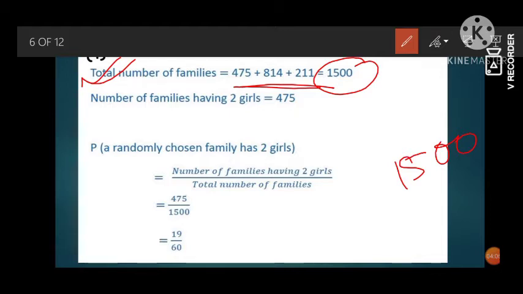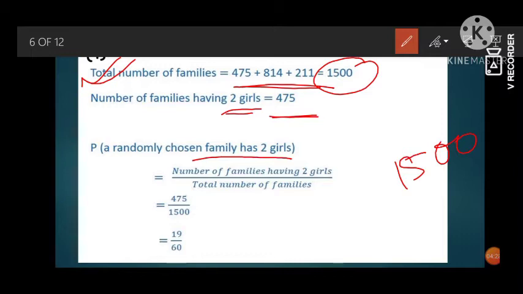Now the number of families having 2 girls is given as 475. So the probability of the event of having 2 girls will be the number of families having 2 girls by the total number of families.